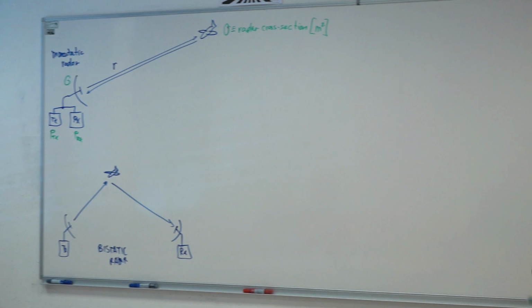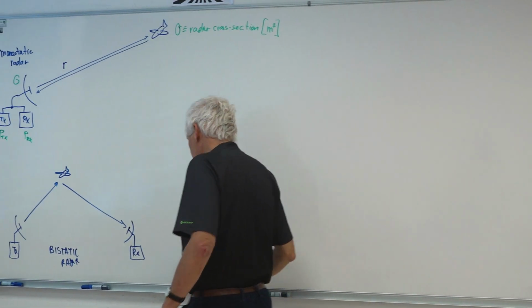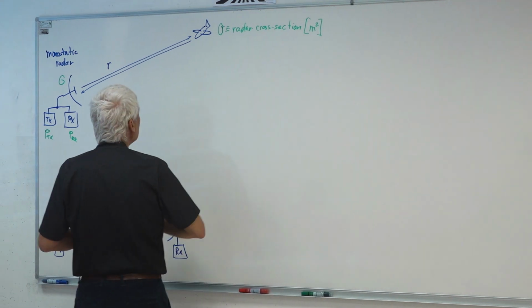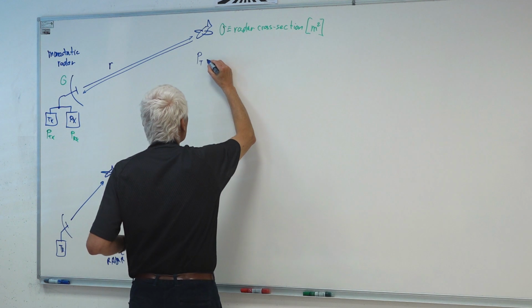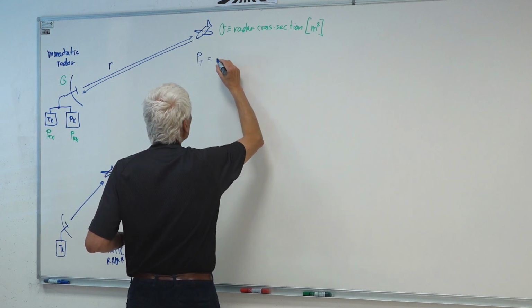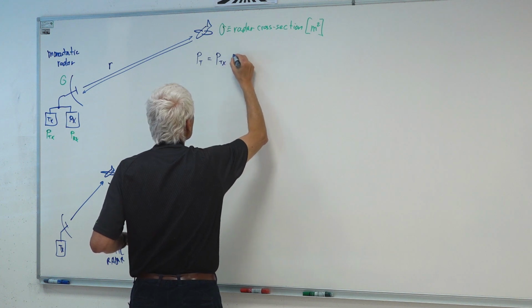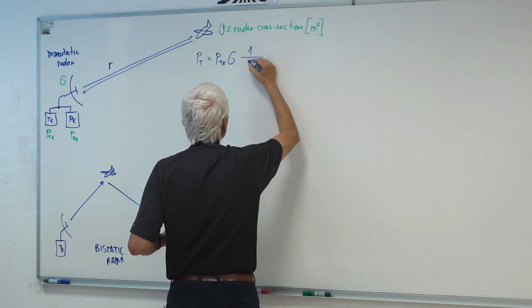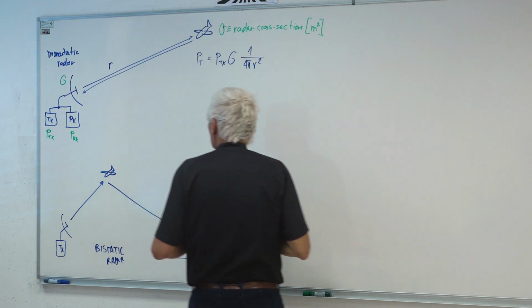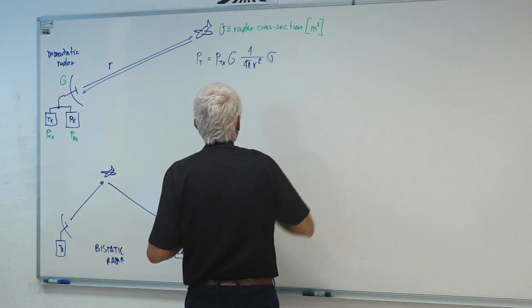How is the equation now defined? What power do we get to the target? Power that's received by the target is now the power of the transmitter times the gain of our antenna, distributed over a sphere with 4 pi r squared, and received by the radar cross-section multiplied by sigma.